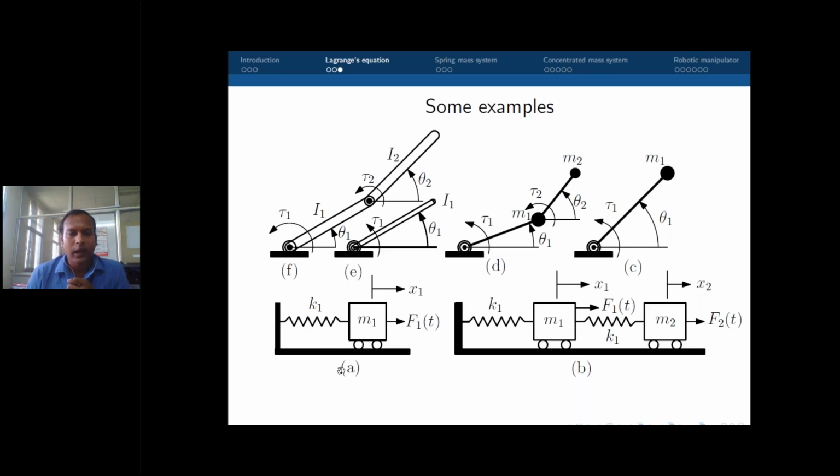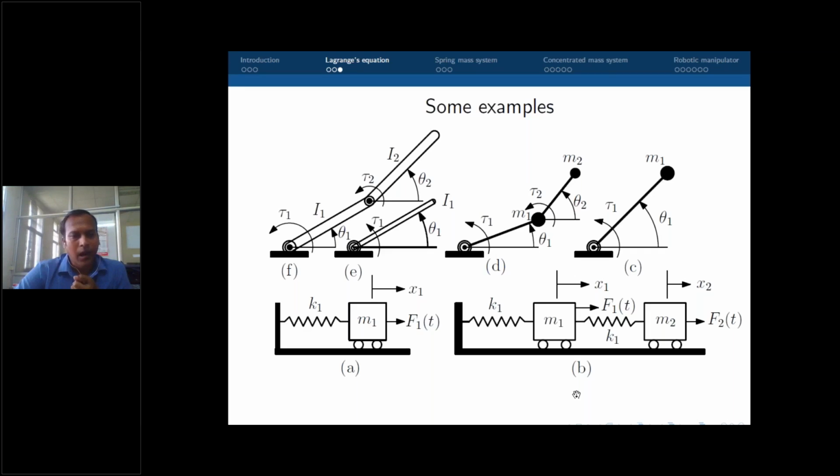Go to figure A, where we can see a spring-mass system. All the systems we are showing here have planar motion, where the motion is in one plane or parallel to that plane. The first figure, A, is a single degree of freedom system. Why is it a single degree of freedom system?